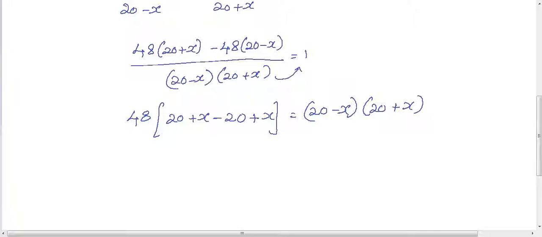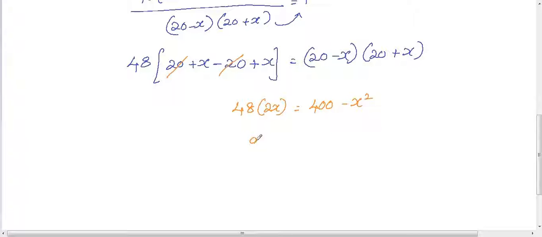Now simplify this. 20 minus 20 cancels out, and x plus x becomes 2x. So 48 into 2x is equal to 20 minus x into 20 plus x, which becomes the a square minus b square formula. So 400 minus x square, and 48 into 2x becomes 96x, is equal to 400 minus x square.